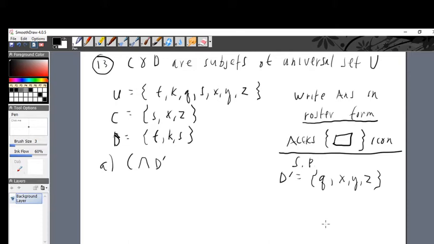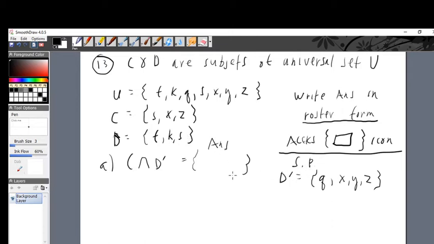Okay, fine. Now we want C intersect D prime. Everything that is in both C and in D prime. Okay, so here's the answer to question A. So everything that's in C and in D prime. Well, is S in both?